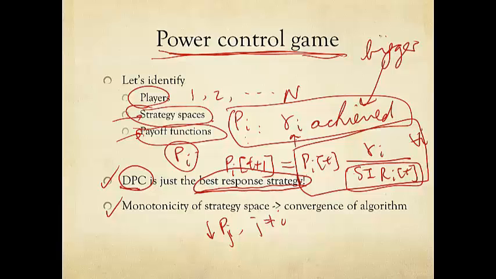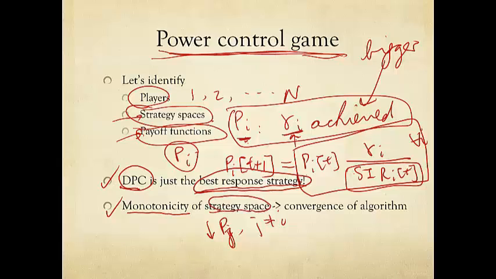Now this is obvious once I state it, right? Because if you reduce your transmit power, I have less interference, so I have more choices of P, smaller values of P that can still give me my target gamma. And this is what I mean by monotonicity of the strategy space.